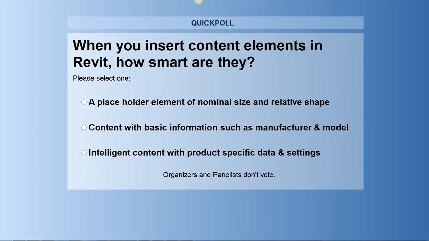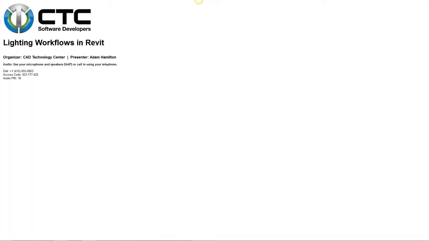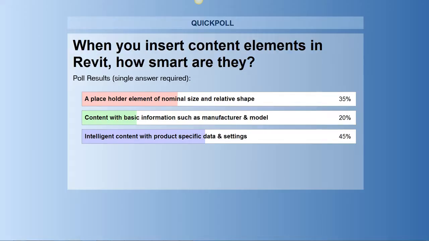And then some companies build and download very intelligent content that includes a lot of specific data and a lot of specific settings. Some of these things we'll be displaying during our webinar today just to give you an idea of what those look like, but it's just a good idea to gauge where our audience is coming from.